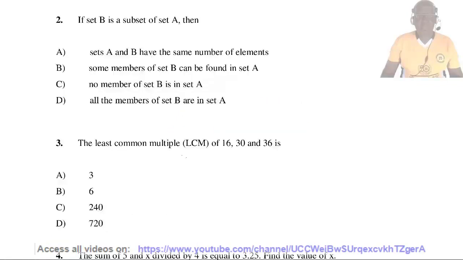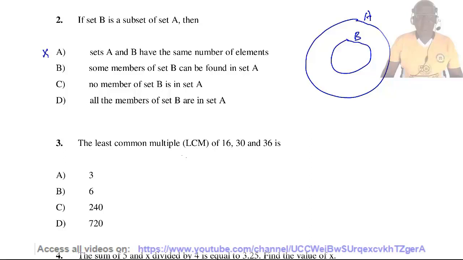Question 2. If set B is a subset of set A, then let us draw set A and set B as a guide. Let this be set A, and let this be set B. A. Sets A and B have the same number of elements.